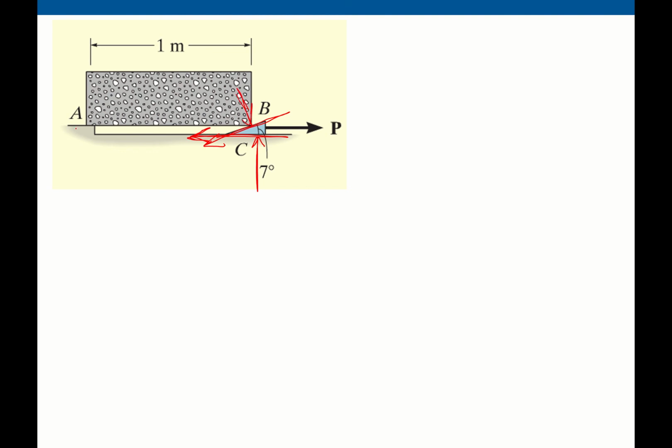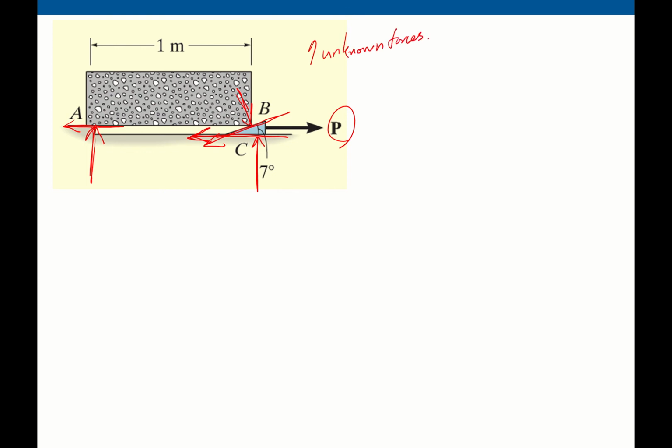Another one is a frictional force at contact point A, which means we have a normal force there too. And this one is still unknown. So how many? We have 7 unknown forces.